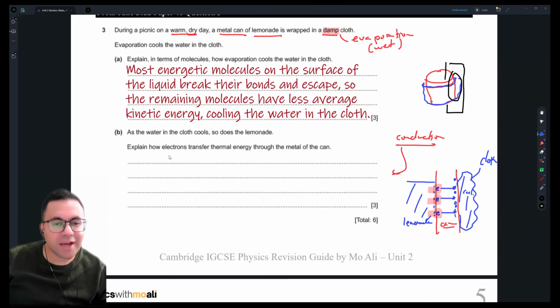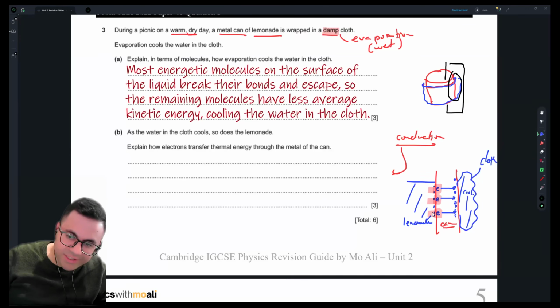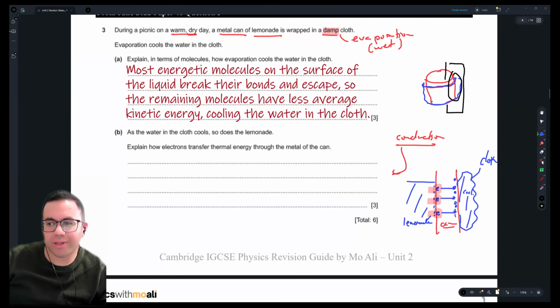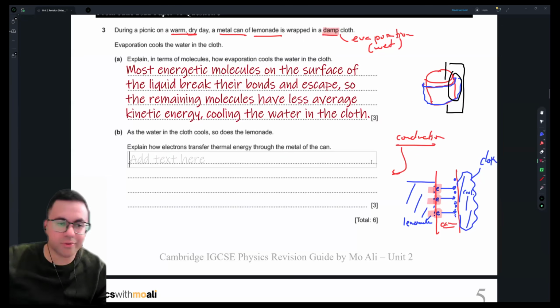So, explain how electrons transfer thermal energy through the metal of the can. You could start with the electrons, or you could start with the lemonade, or you could start with the cloth. I'll start with the lemonade, so I don't have to go back and forth in my mental explanation.